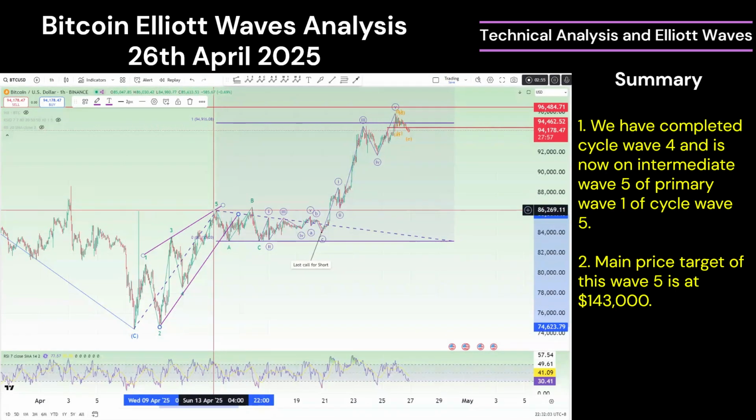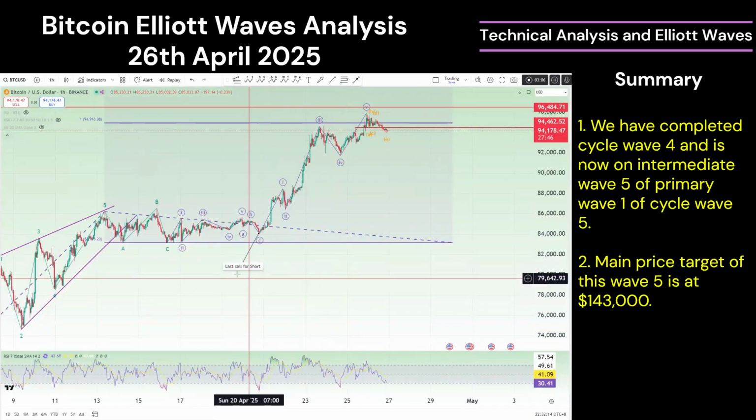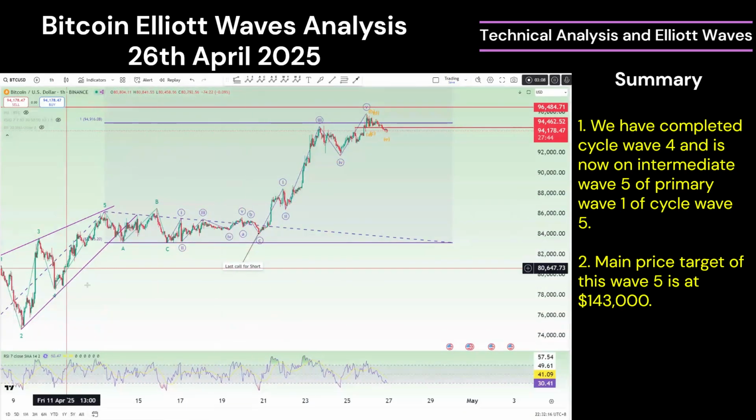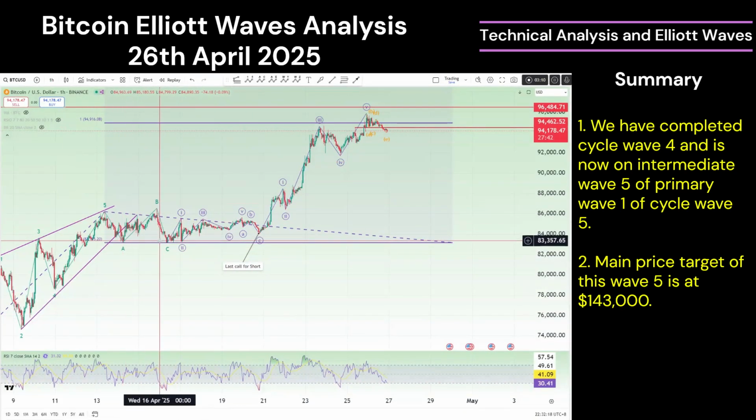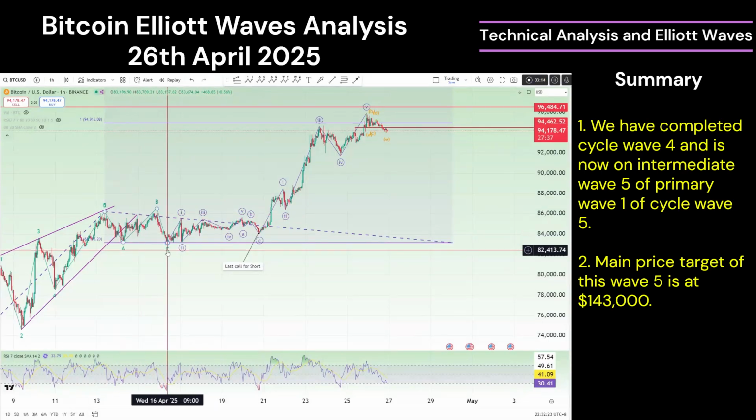And then this long period of consolidation, from the 13th of April until the 20th of April. I think the way I label this is that from 13th of April until 16th of April, this becomes a wave two.